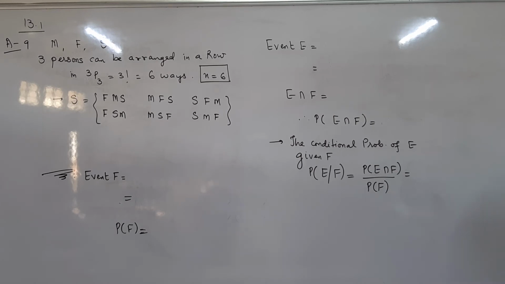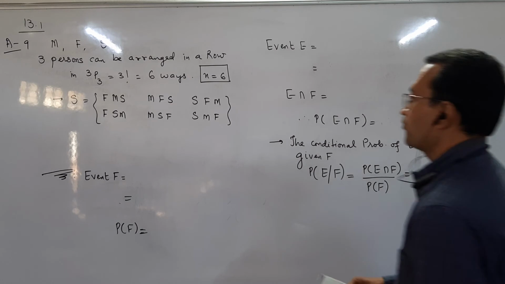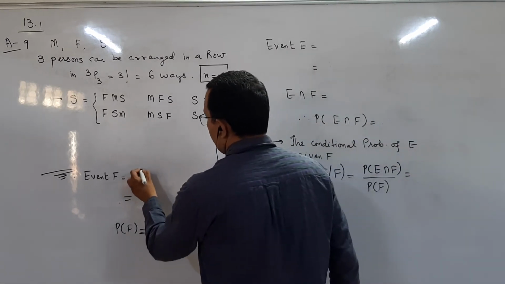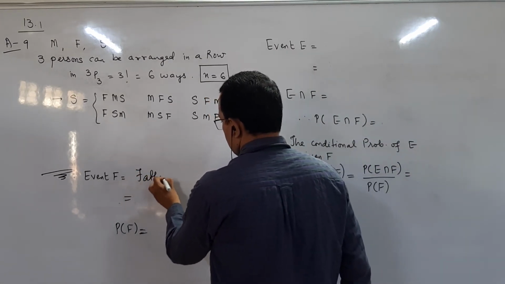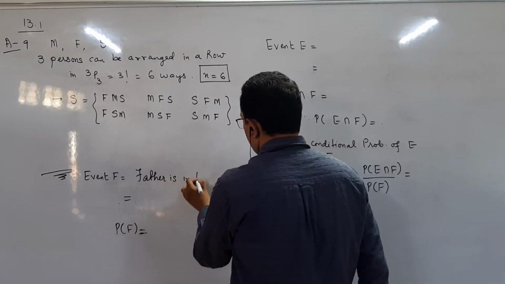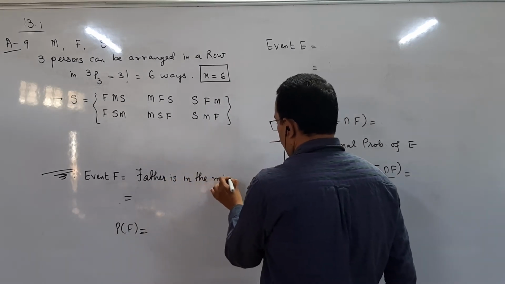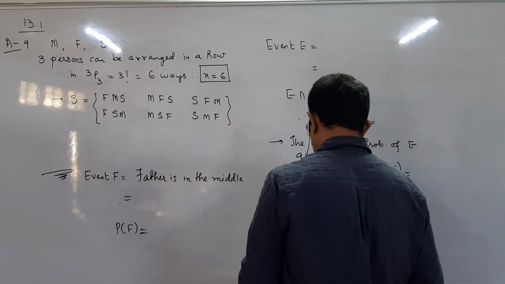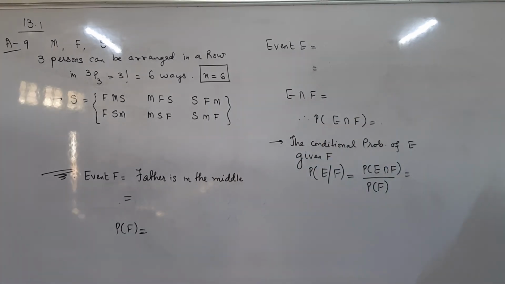Now, what is event F? Father is in the middle. Event F, father is in the middle of the arrangement. So sort out the outcomes where Mr. Father is in the middle.